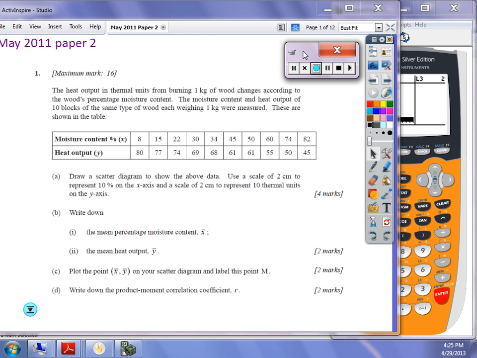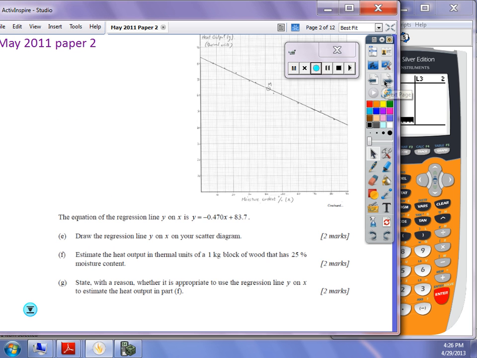Now, remember that a scattergram does not have the points connected, but rather you're just plotting points for each of the data values. Here's a copy of the answer key provided by IB, and in the mark scheme that is given to the teachers, it's very clear about what you'll receive points for.